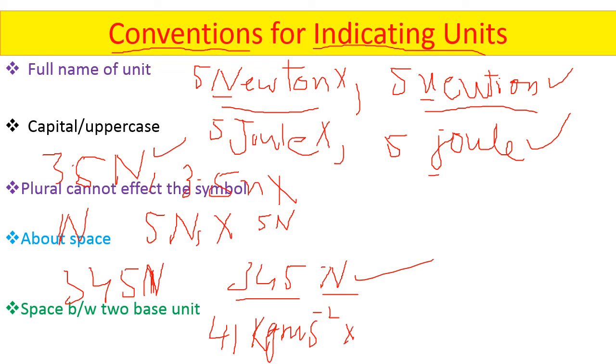Its correct form will be 41 kg m per second squared. That is, there should be a space between two base units.